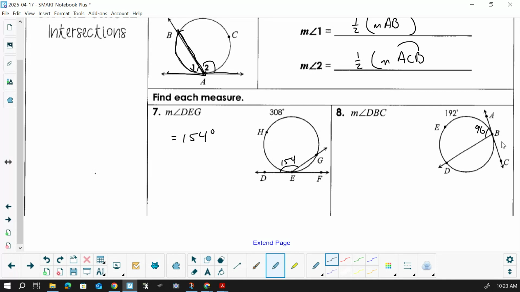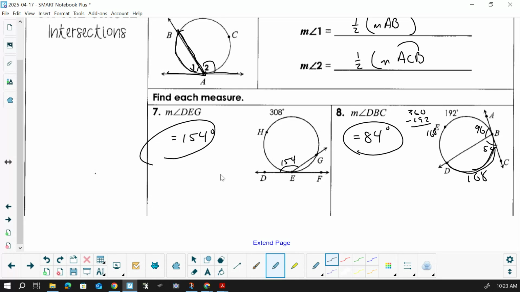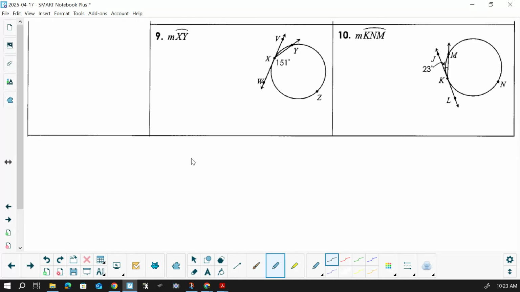180 minus 96 is 84. So DBC, 84. I also could have done 360 minus 192 and gotten 168. And I could have said, well, this arc on this side is 168 and divide that by 2. That would have given me the 84 as well. 9.